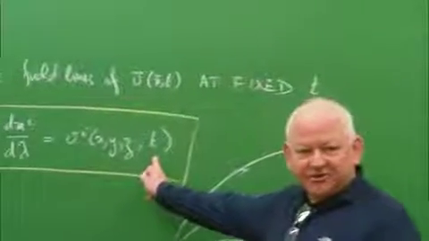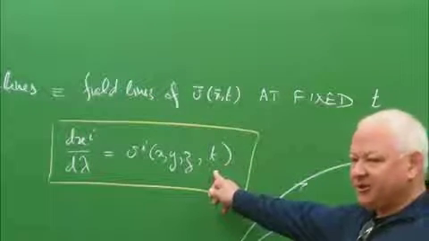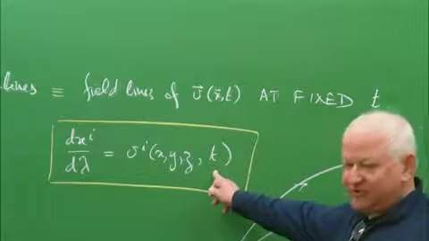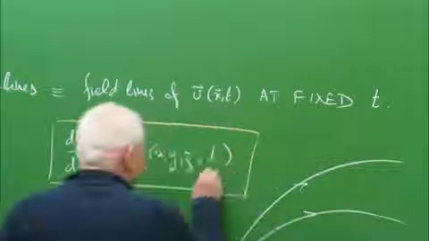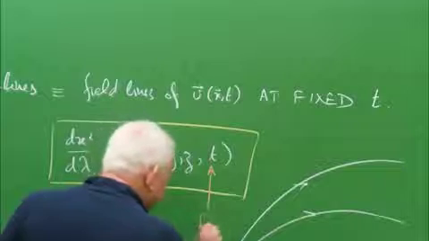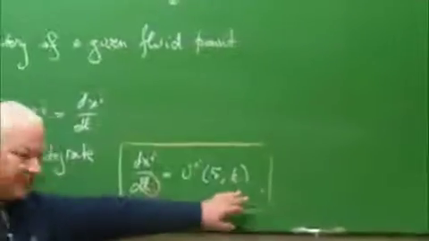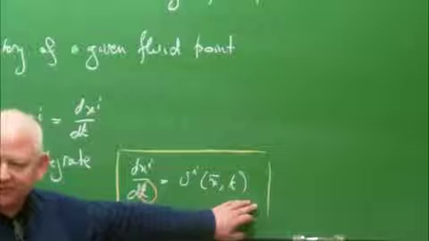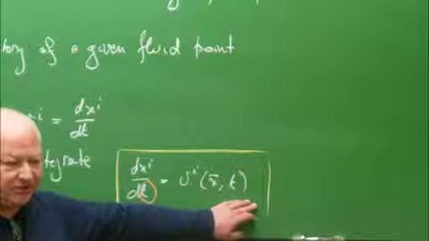If you can't see the difference optically, because I didn't make a difference, I should have written t_0 maybe, or tau, or used a different symbol to show that the time is fixed. But this argument is fixed. And here, t is one of the variables. So they are actually different equations that we're solving.